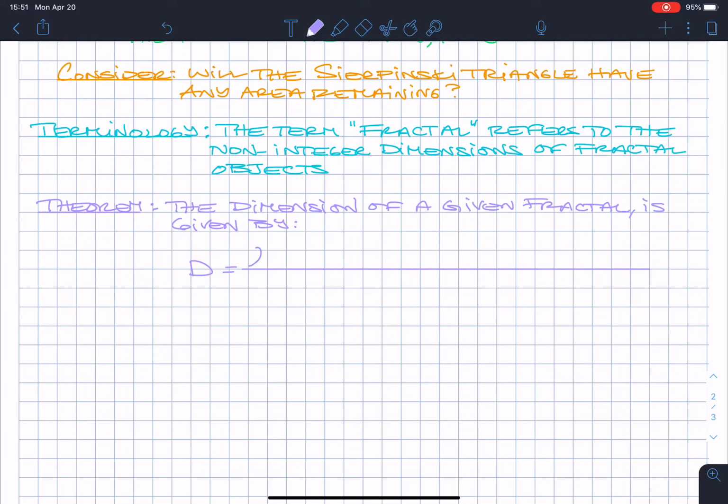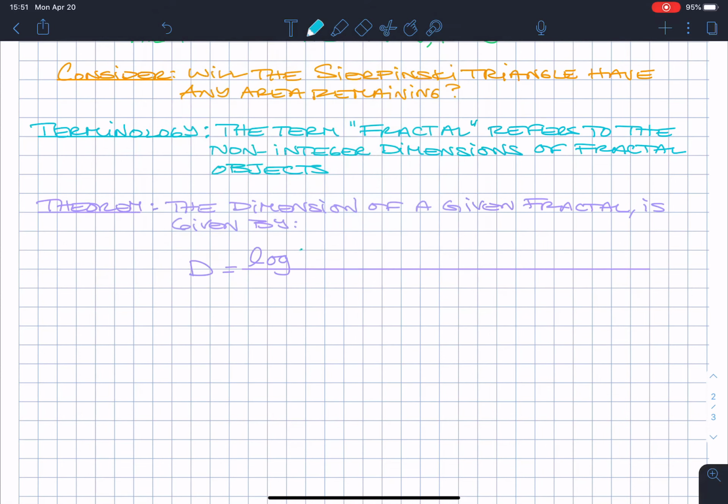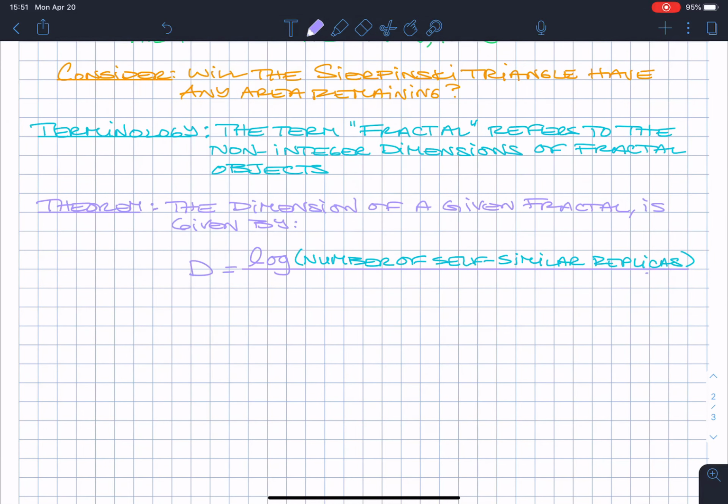It's going to be log, which has base 10 because it's not written, of the number of self-similar replicas, divided by log, which has base 10, of the magnification factor.